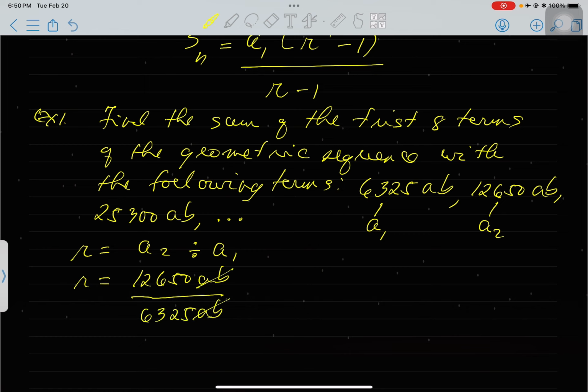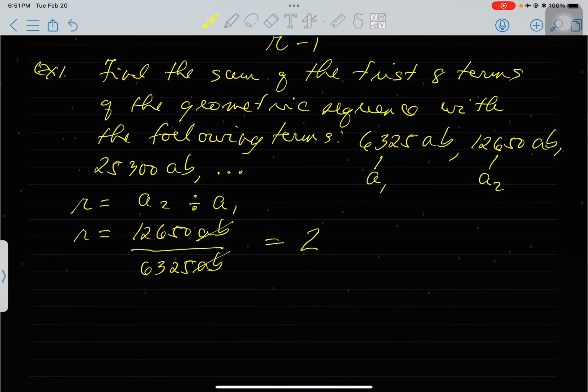This will be cancelled out, and if you divide 12,650 by 6,325, this will give us the value of our constant ratio, which is equal to 2. Since our A sub 1 here is also given, 6,325 AB, we are now ready to plug in these values using our finite geometric series formula.